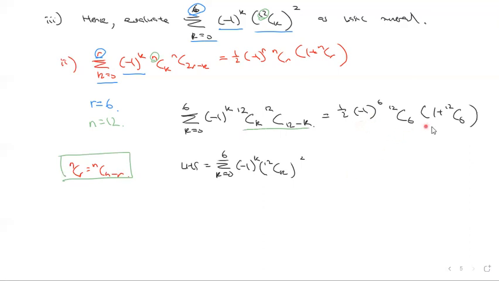And therefore, it must equal this on the right. Half, -1 to the power of 6 is just 1, 12C6 times 1 plus 12C6. Put that in your calculator, and you get an answer of 427,350. And that's it. That's how you do it.